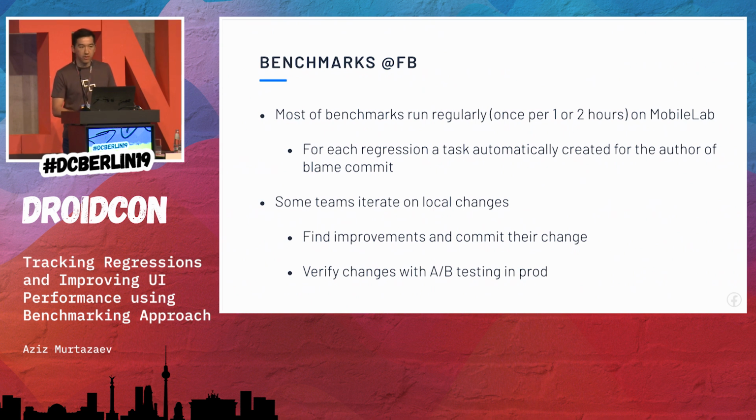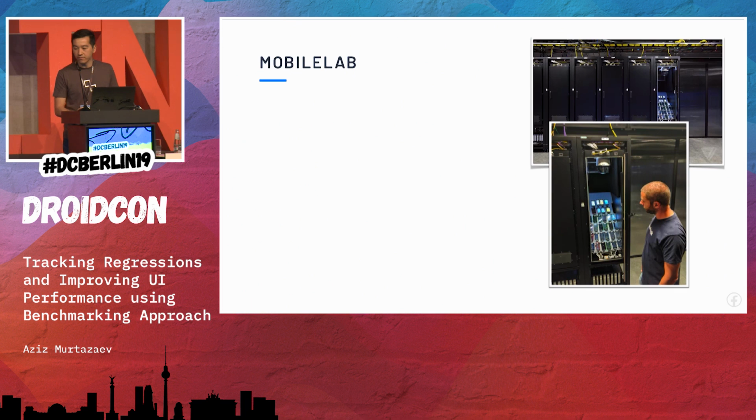So let me talk about mobile lab. We have data centers. We have a fleet of physical devices, like Android devices, and we run all sorts of tests there. And we use those devices for the benchmarks, and this is the flow, how mobile lab does the benchmarks.